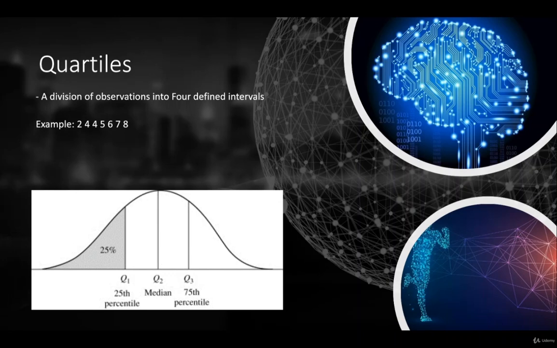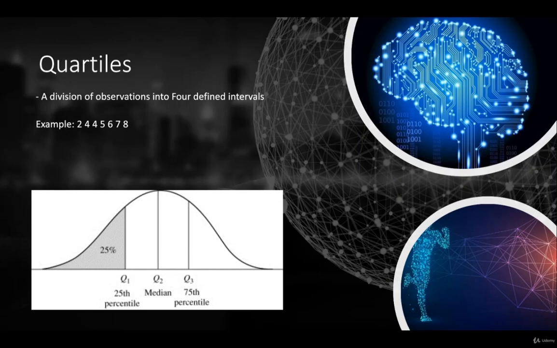Basically this is a division of observations into 4 defined points. You have the Q1, the Q2, the Q3, and as you can see right here we have a graph of quartiles. The Q1 is the 25th percentile. The Q2 is the median, or the center. And finally, the Q3 is the 75th percentile.